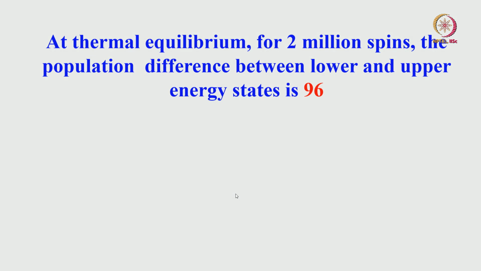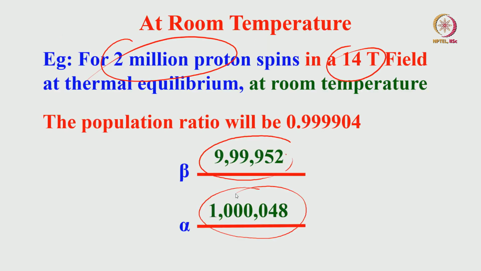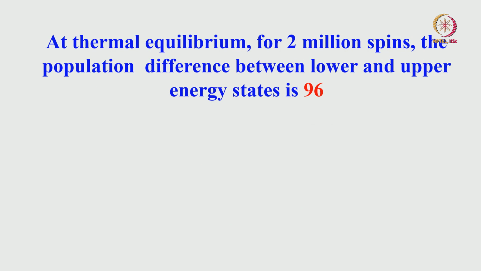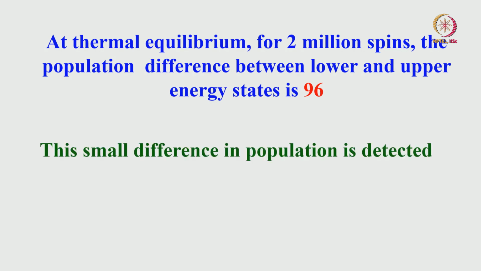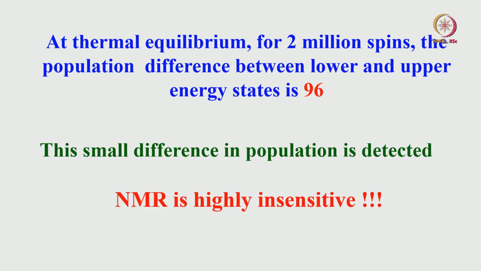That means at room temperature, the population difference is 96 among 2 million nuclear spins. It is extremely small, almost negligible. The difference in spin population to be detected is very, very small. That is why NMR is a highly insensitive technique.